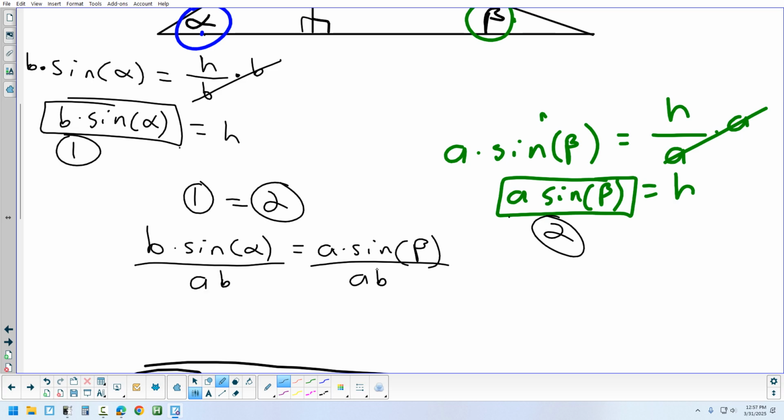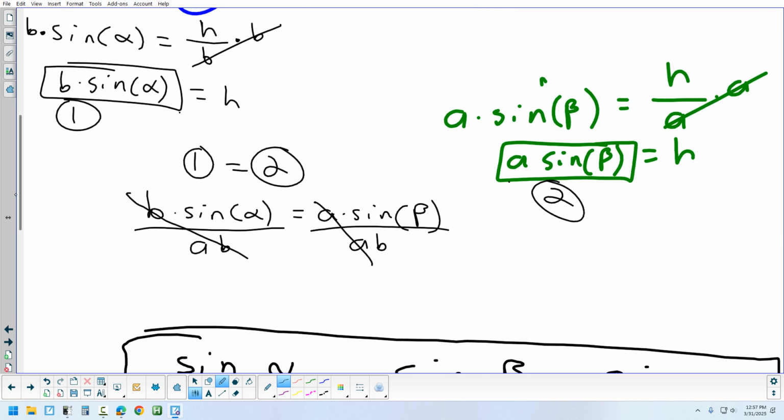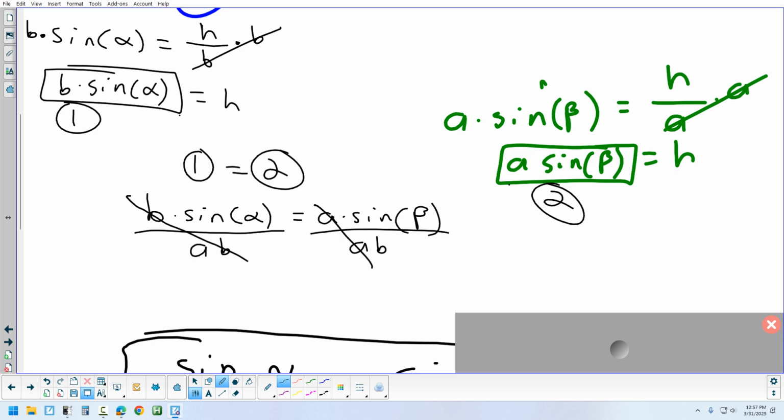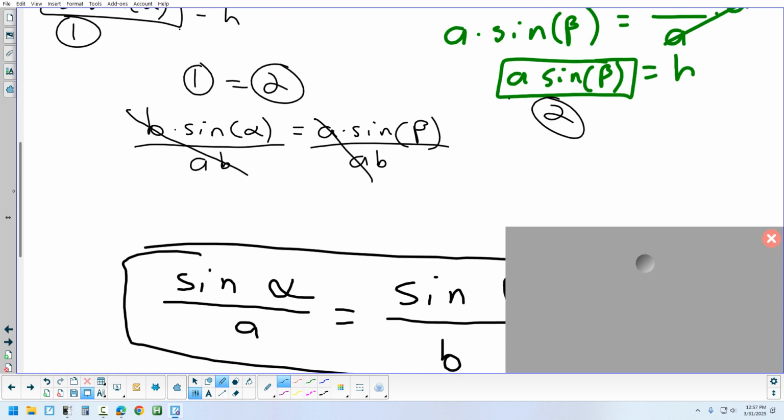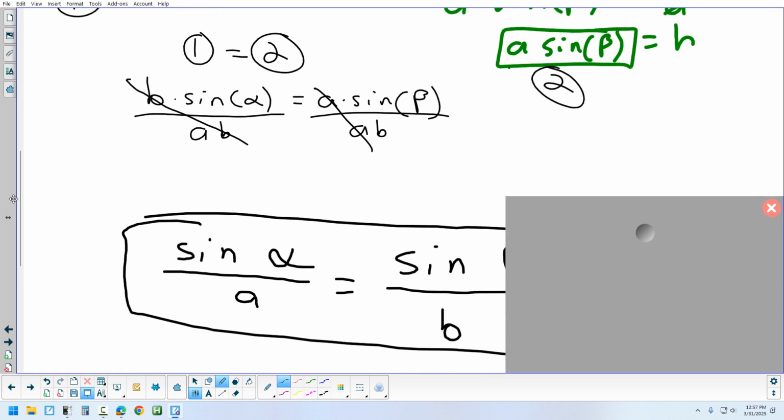When you divide by A on the right side, it cancels. When you divide by B on the left side, that cancels. So you are left with this: sine of alpha over A equals sine of beta over B. And there is one more fraction here.